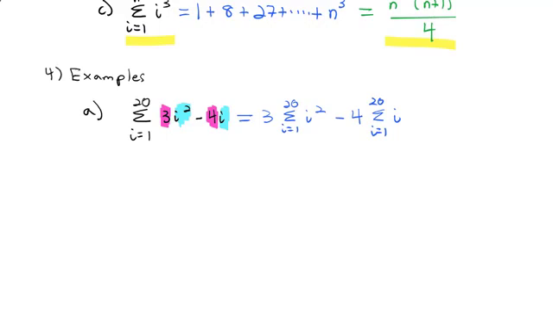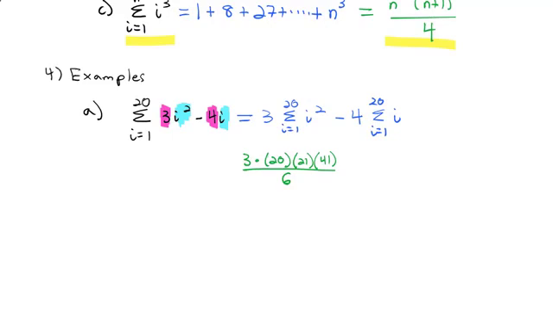Now we can go to those properties that we have. So we have a 3 times the sum of i squared. Remember, the sum of i squared is n times (n plus 1) times (2n plus 1) divided by 6. So our n, the top number, is 20, times n plus 1 is 21, times 2n plus 1, 2 times 20 plus 1 is 41, all divided by 6.